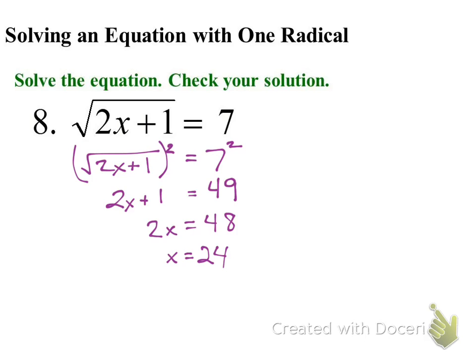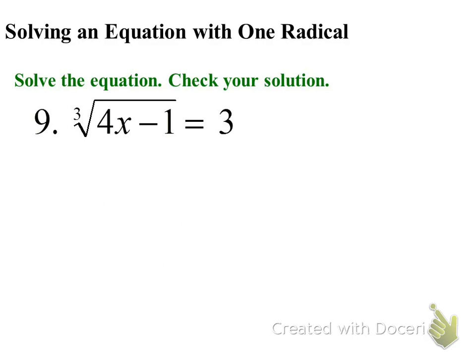Always check to see if I need to insert a plus or minus symbol. Did we ever insert a square root? The problem started out with the square root. We never inserted it. So therefore, we don't need to worry about a plus or minus, but we should just mentally check. 2 times 24, we're at 48. Add 1, you're at 49. Now take the square root, we're at 7.